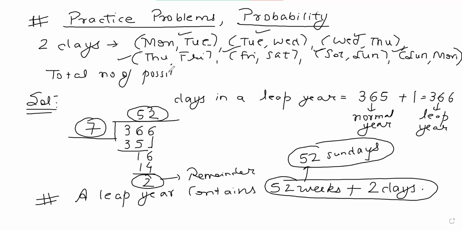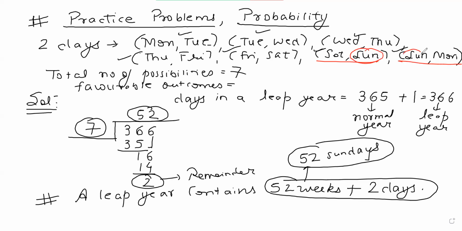For these 2 remainder days, total number of possibilities is 7. Favorable outcomes are how much, guys? I need a Sunday. A Sunday comes here and a Sunday also comes here. So there are two favorable outcomes.